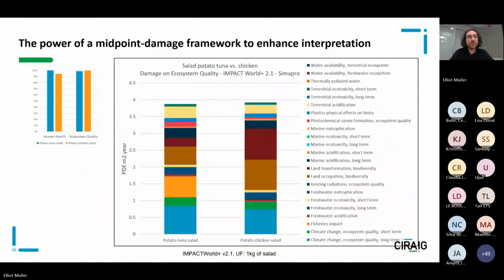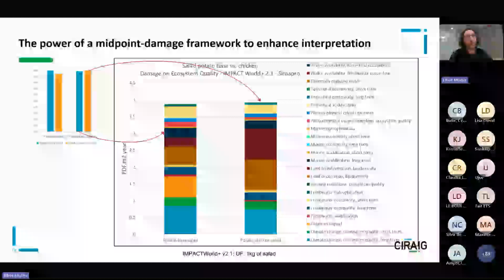That's a really big idea, and something that Impact Calculus takes a lot of pride in, and is very important for us, is that we don't make the user blind of the different indicators that contribute to those area of protection indicators.